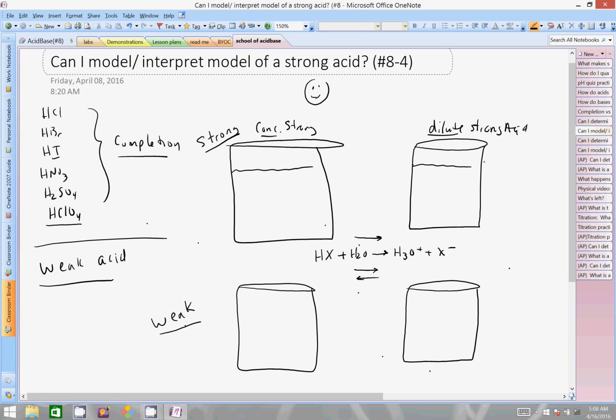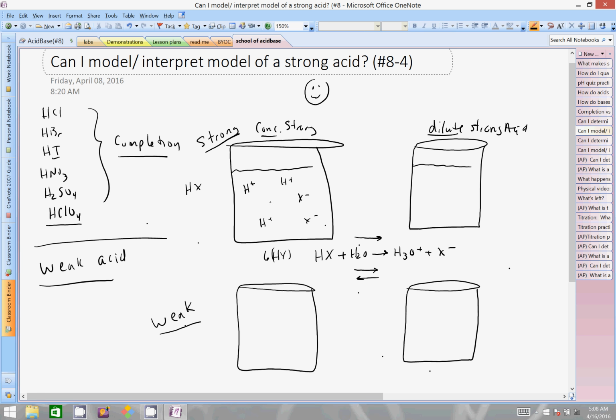Alright, so let's say strong concentrated involves 6 particles. I'm going to draw 6 HCl's, but they've already gone through hydrolysis. Let's say HX, and I'm going to use 6 of them. But you wouldn't see HX; you would see H plus, X negative. H plus, X negative.